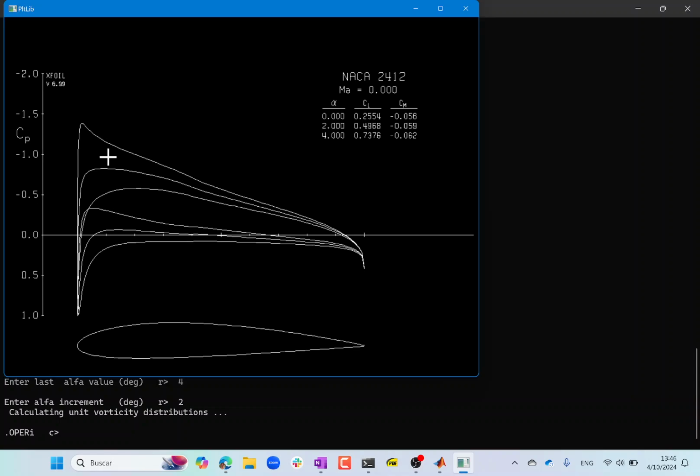Playing around a little bit. It's interesting. Where do you think the center of lift is? Well, if we take CM over CL, right, we're adding onto the 1/4. Yeah.